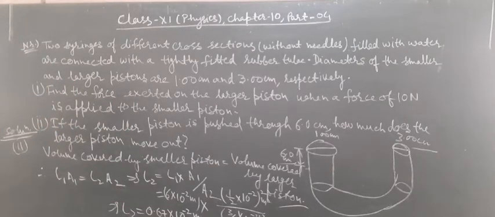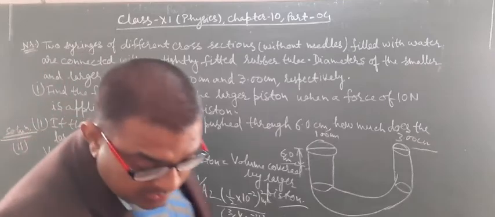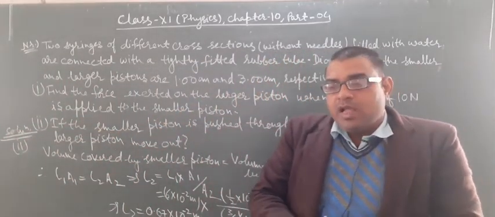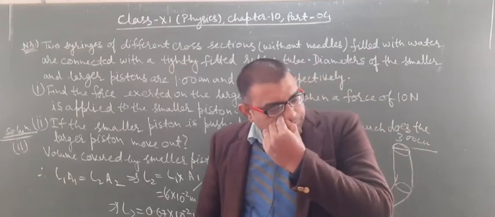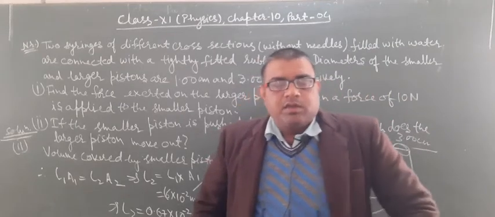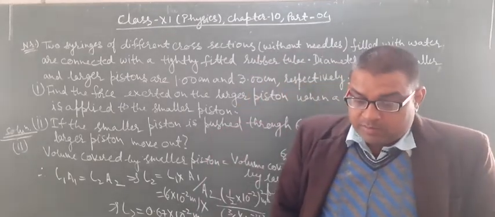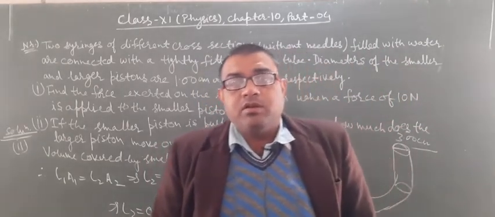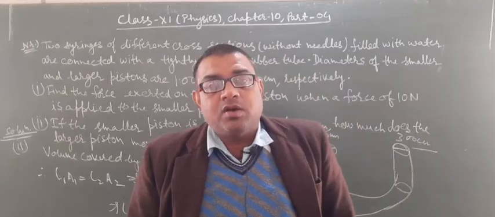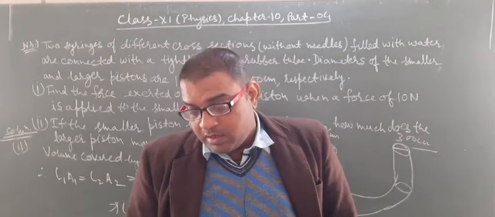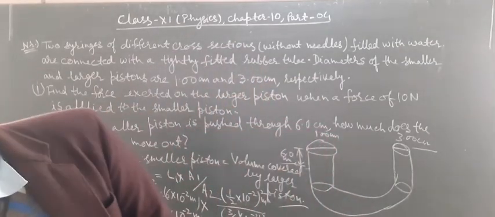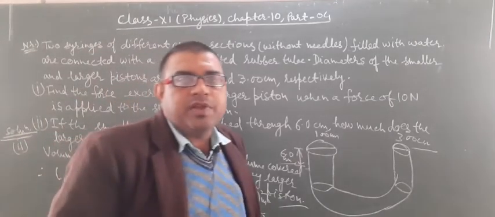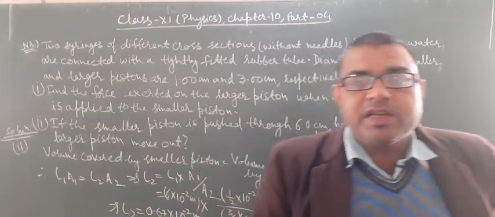So these are the numericals based on Pascal's law, as well as the stress. These are the numericals based on Pascal's law, and we had also discussed the numericals based on gauge pressure and atmospheric pressure.